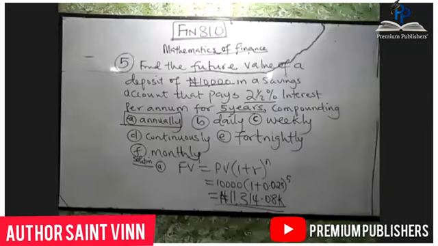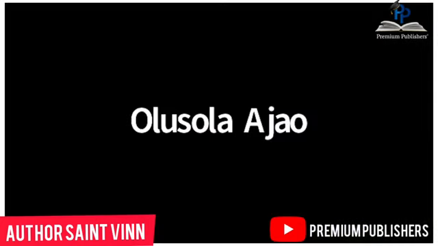They are going to pay interest once daily. Every day interest will be calculated. That means interest will be paid in a year 365 times. That means 365 times 5 years.